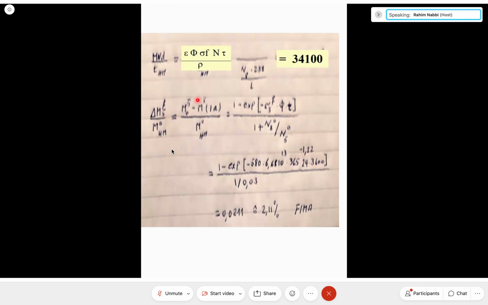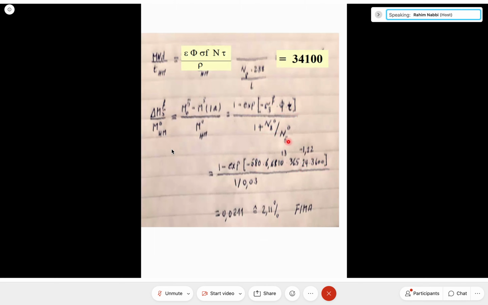Here it is only fission, 580. The flux is given, this number 6.68 power 13, multiplied by T, the operational time, 1 year, in days, hours, and seconds.